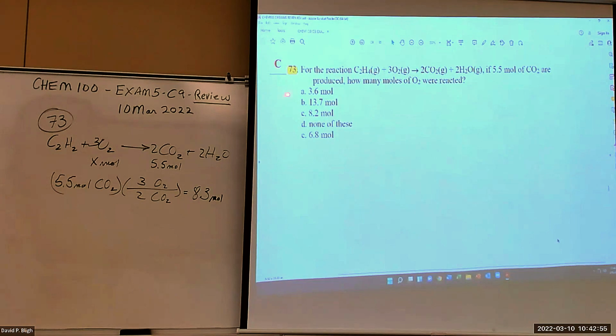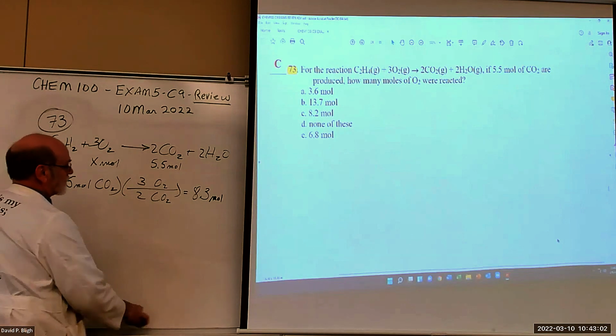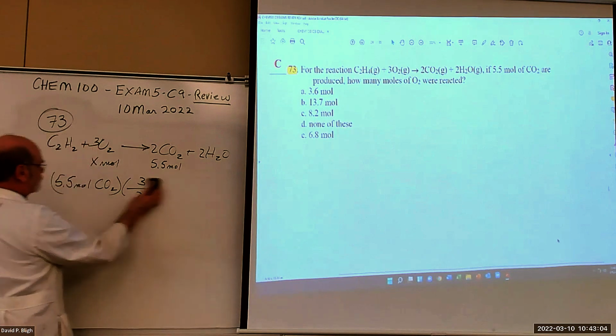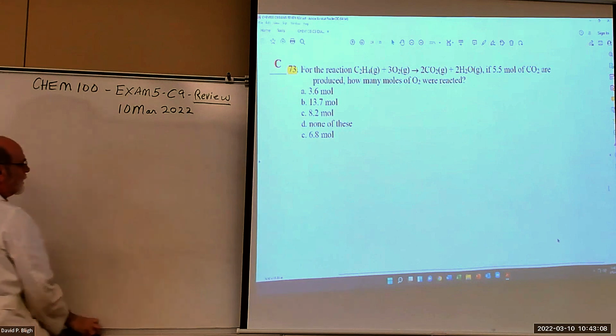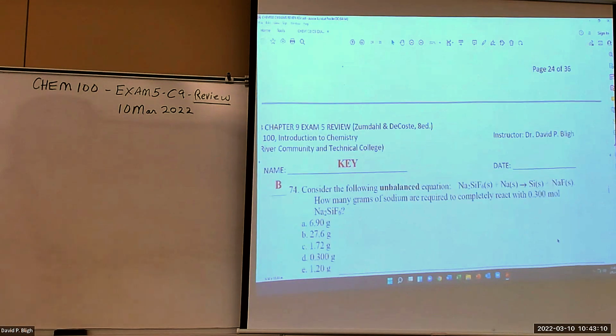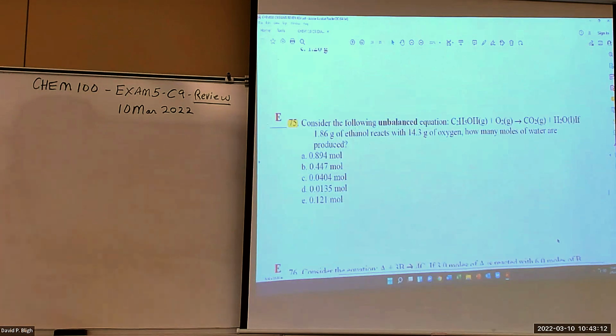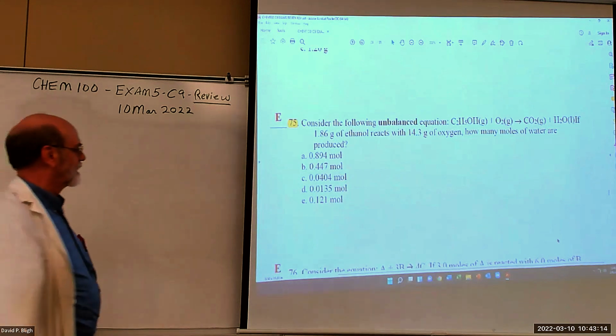Probably ought to change that. But this is in the review document. We wouldn't want to be concerned unless it showed up in a test.